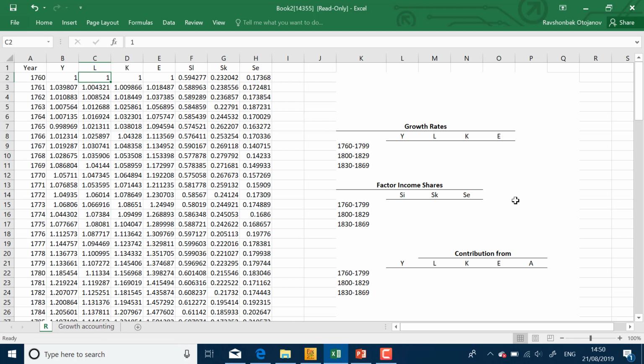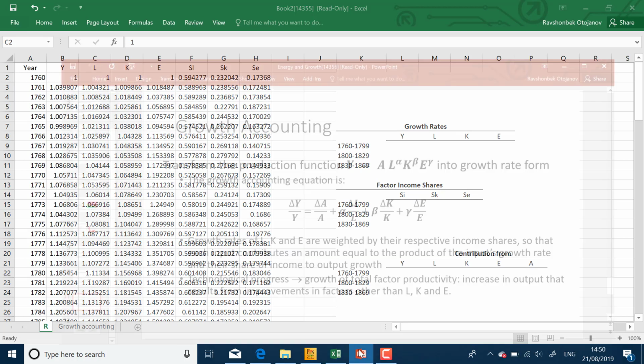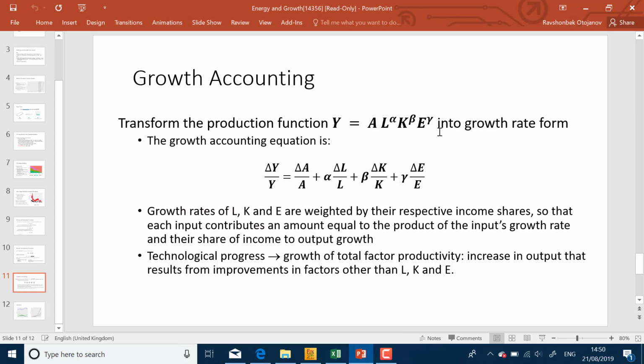Now the purpose of this exercise is to understand which of these 3 factors, labor, capital, and energy, contributed more to the growth of output during the Industrial Revolution period. Now, this is actually data from historical sources, so it's reliable data and it's not made-up data. For your homework, you could do the exercise on contemporary data if you would like to practice.